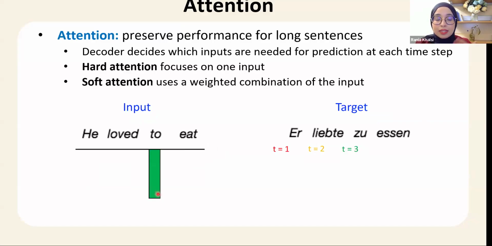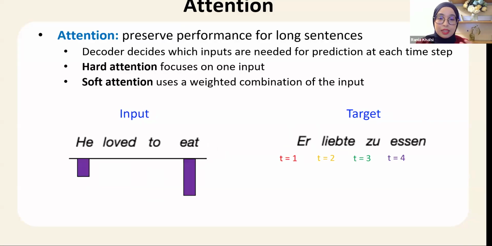At each time step the model adjusts these weights again and again, identifies where the next important information lies, and assigns attention accordingly. Same for the fourth time step.